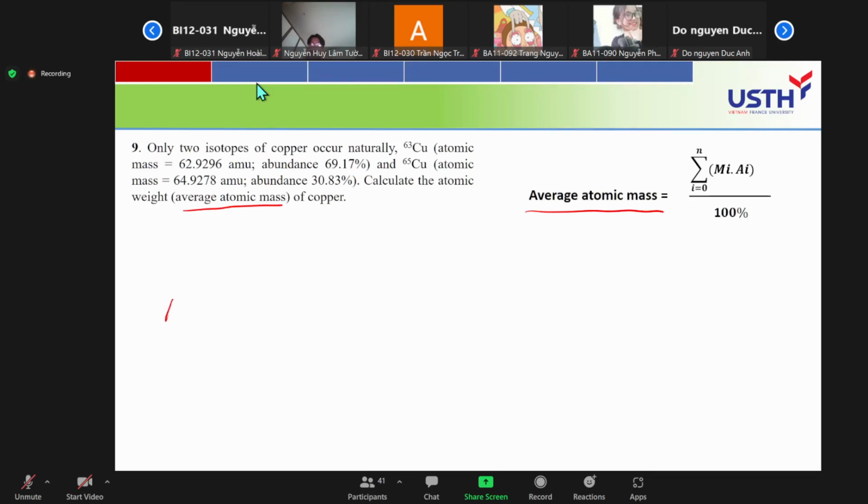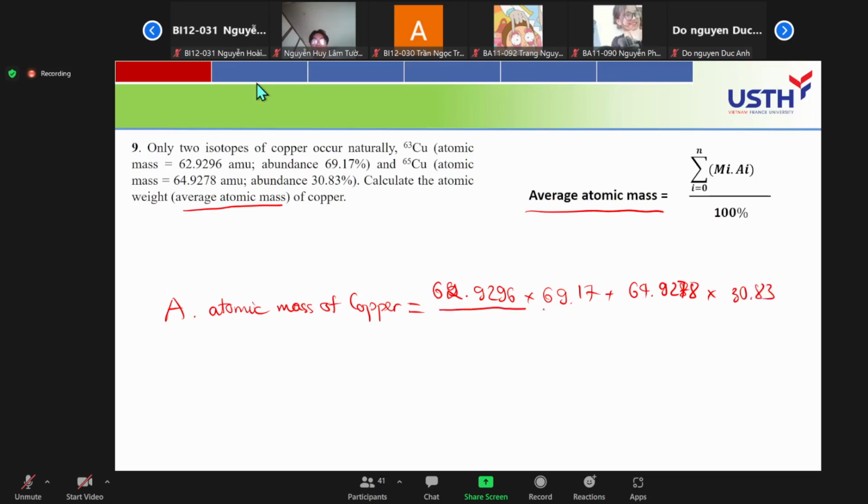So you have the average atomic mass of copper, and for all of them divide by 100.